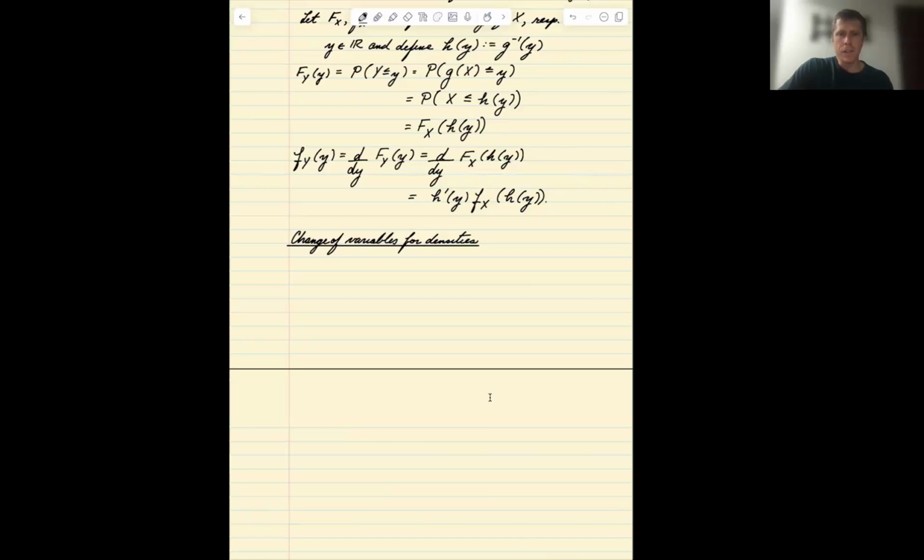And so more generally speaking, the change of variables formula says that if we suppose G is monotone and differentiable, so monotone means it's either increasing or it's decreasing.